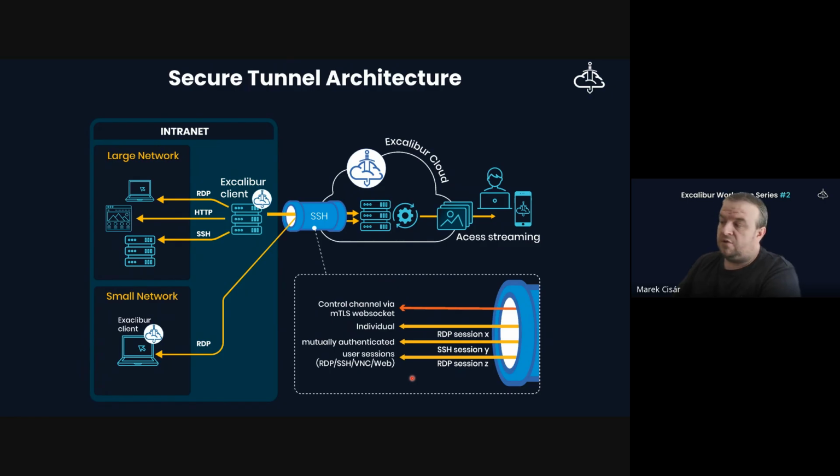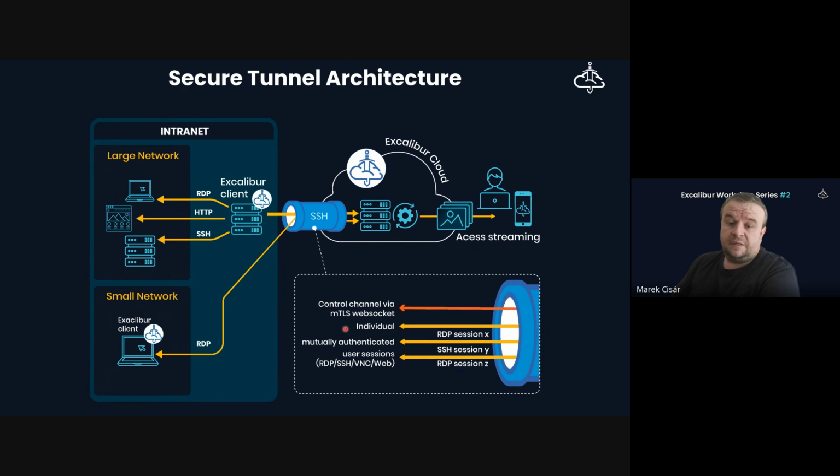When this control channel is being created, then the tunneling client is ready to perform tunneling or to provide connectivity to the specified PAM targets, or also connectivity to the identity management in a mean of Active Directory.